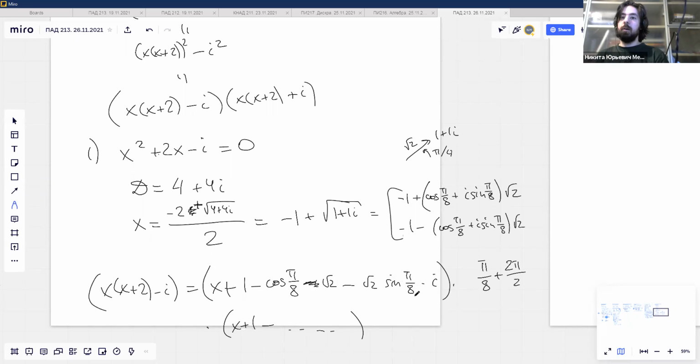The bad news is that this pair of brackets is not conjugate, because their real part is also different. Their imaginary part is the same with plus and minus, but their real part is different. So we can't say that those pairs are conjugate.